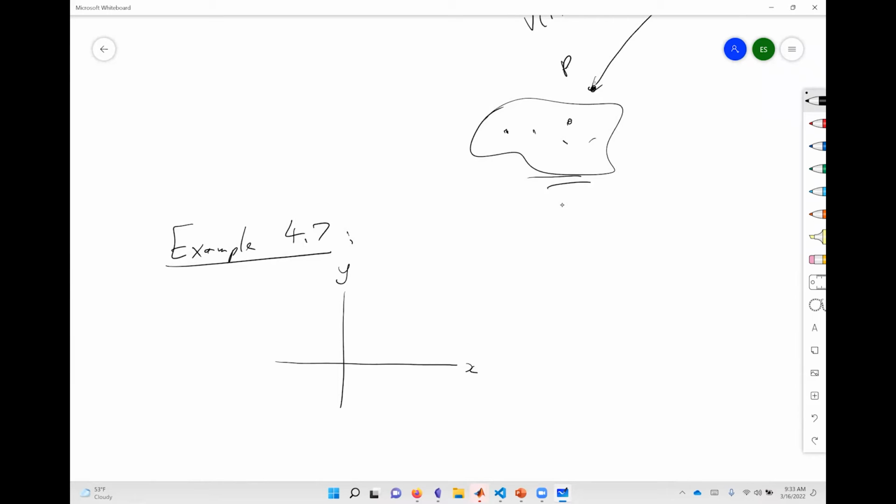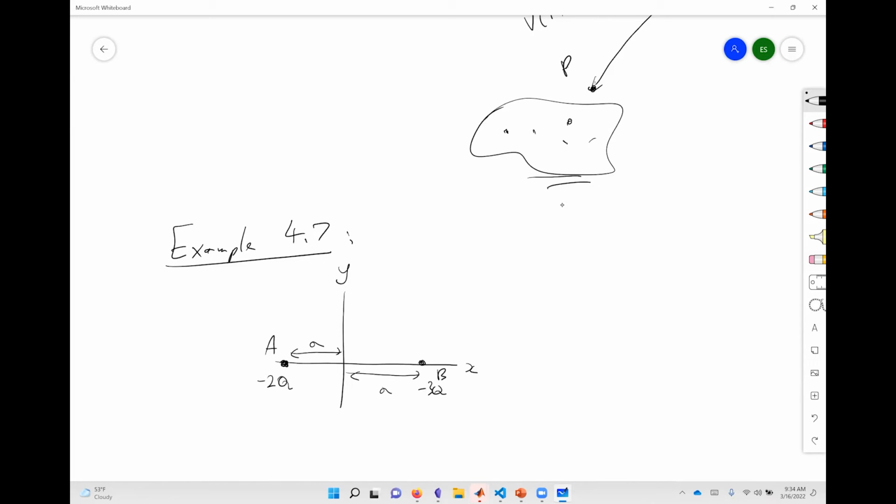Okay. And then I have charge A, which is minus 2Q, at a distance A. And then at a distance A on the other side is minus 3Q.